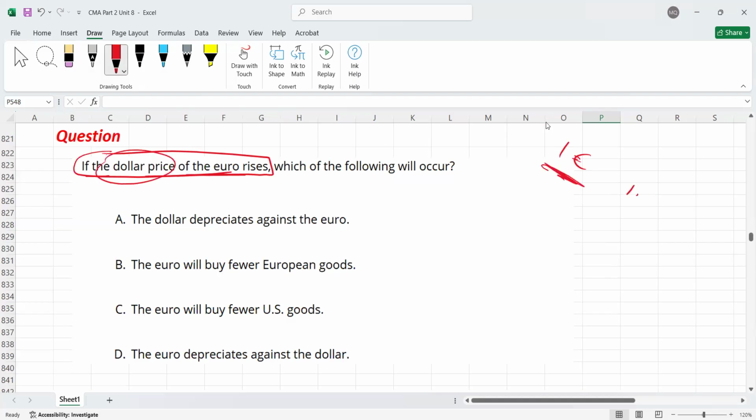For example, 1 euro equals $1.5. Which of the following occurs now? Please remember, let's assume this is the normal rate, 1 euro equals $1.5.